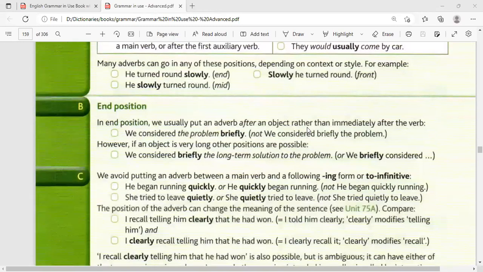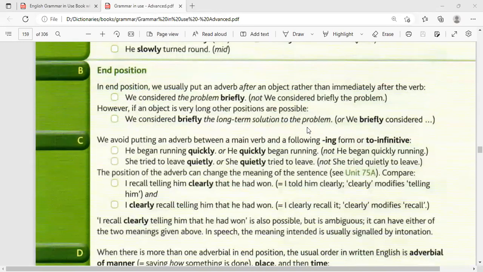Okay. Now let's move to end position, section B, end position. In end position, we usually put an adverb after an object rather than immediately after the verb.